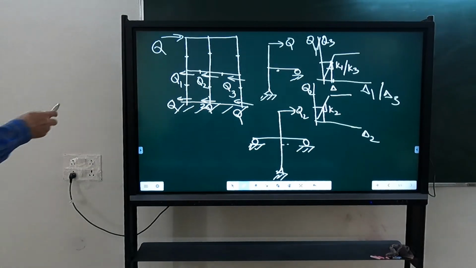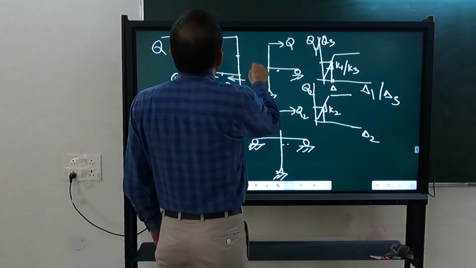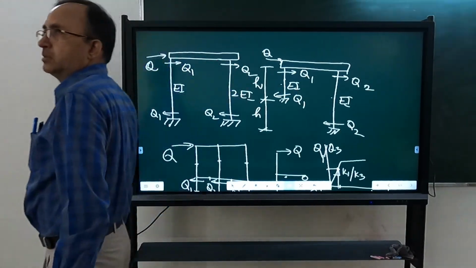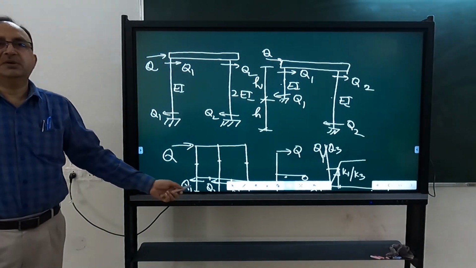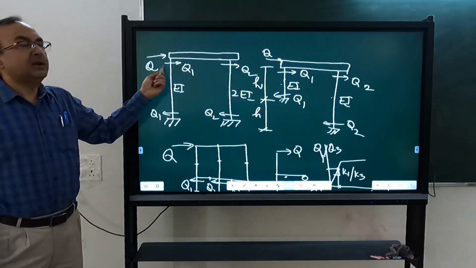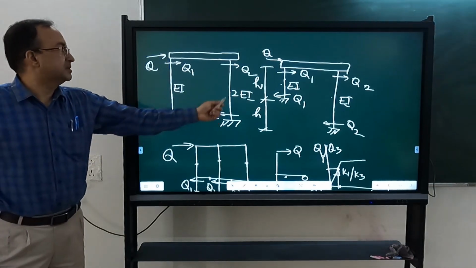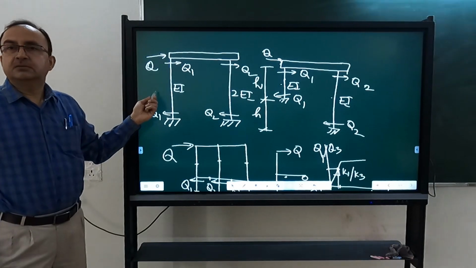So that is the same thing as dividing this. So this and what we have done here is the same. Only thing is that here the beams were rigid, here the beams are flexible. So here also we are actually adding them in parallel. You can calculate separate Q versus delta for these beams and then you can add in parallel.